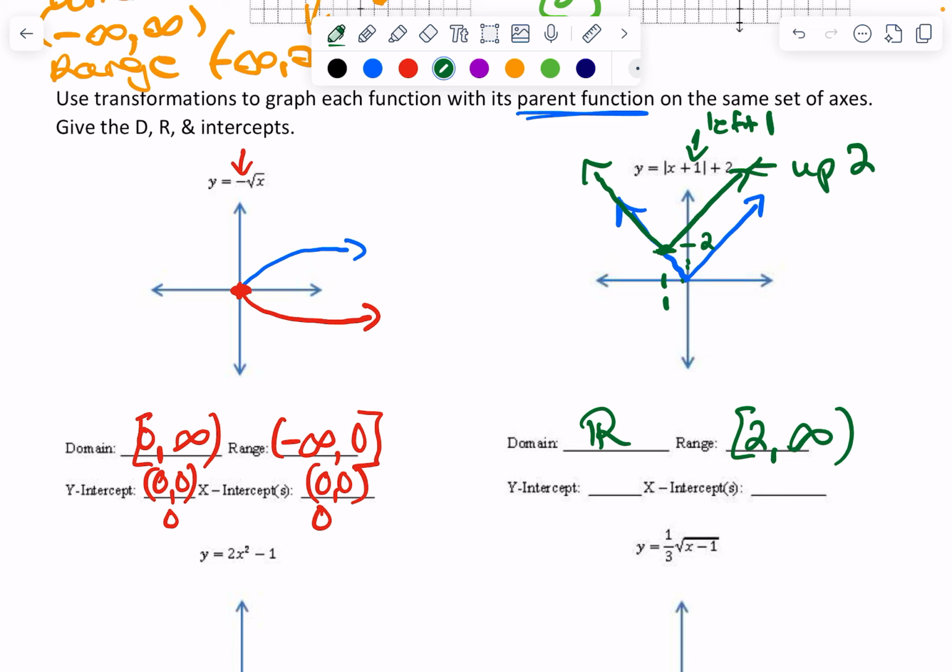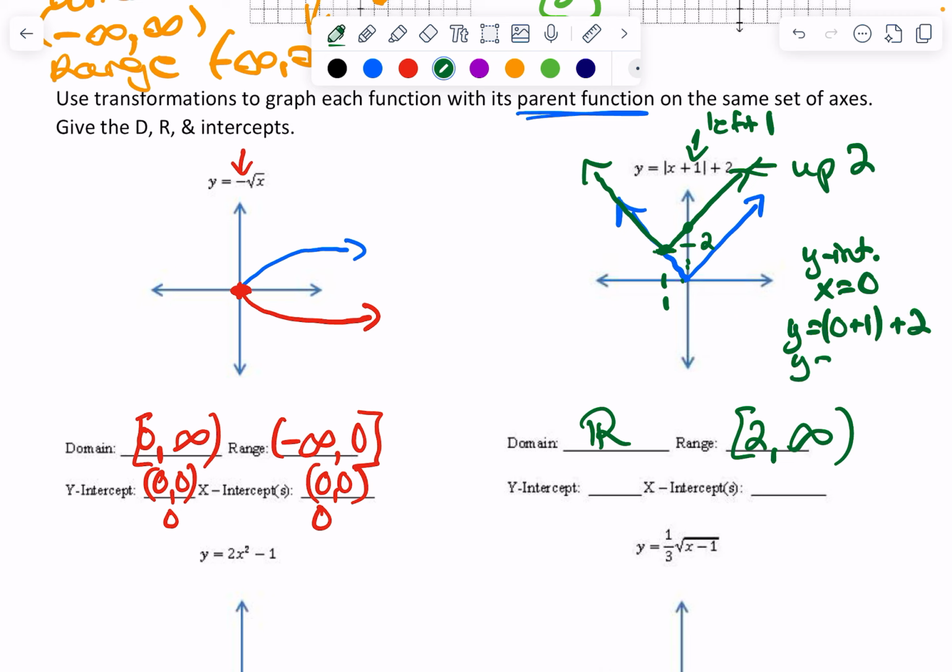Our y-intercept is right here. Now, how do we know what the y-intercept is for sure? We're going to have to do a little bit of calculations here. So for the y-intercept, we set x equals 0. So y equals the absolute value of 0 plus 1, plus 2.